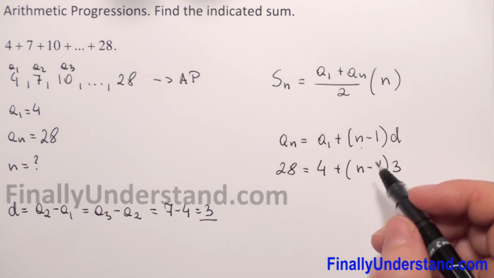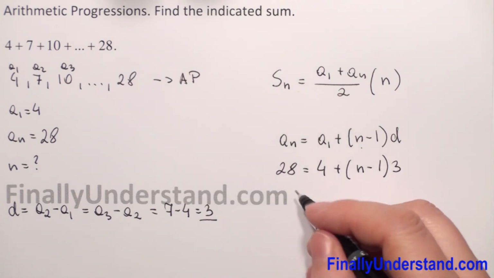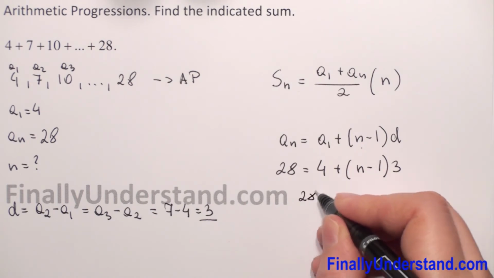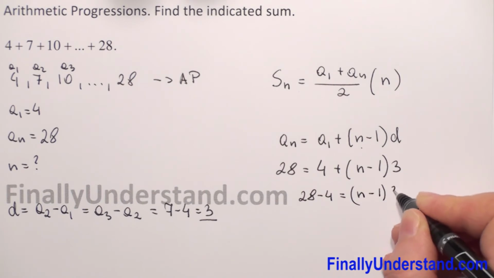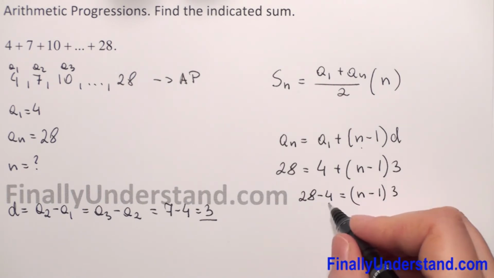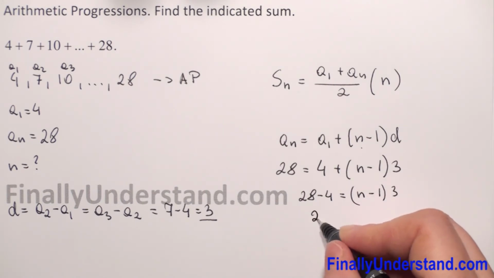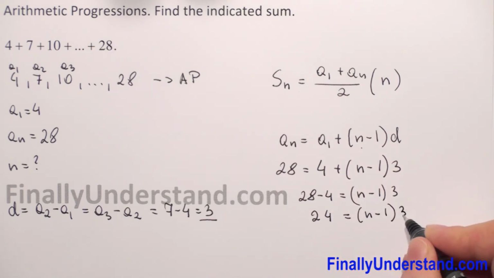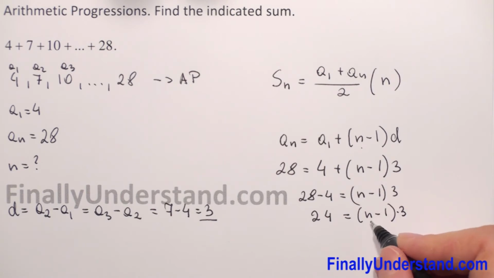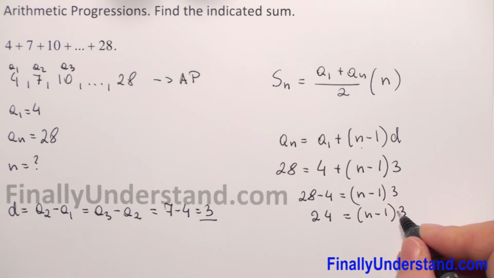Now I will move 4 to the left side, so it will be 28 minus 4 is equal to n minus 1 times 3. 28 minus 4 is 24, equal to n minus 1 times 3. We need to find n. n is inside parentheses, so first we have to get rid of this 3. I will divide both sides by 3.